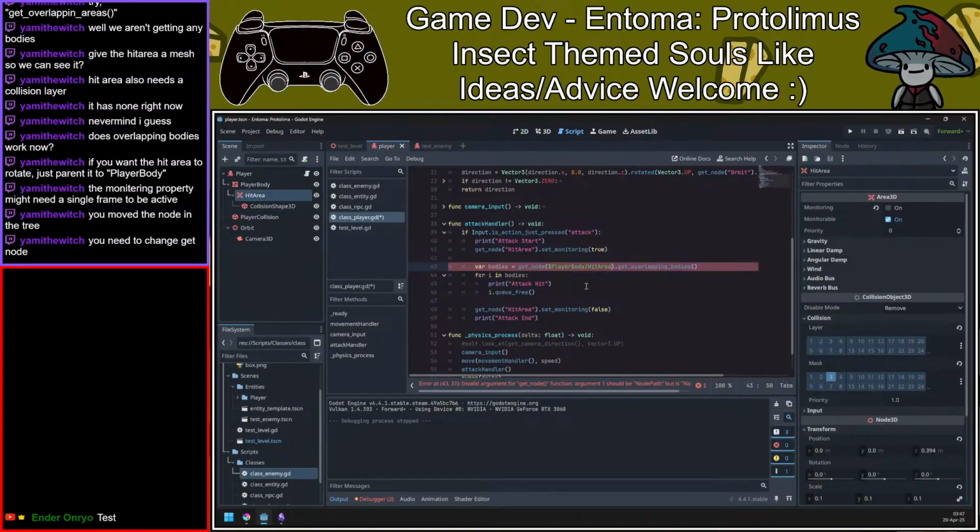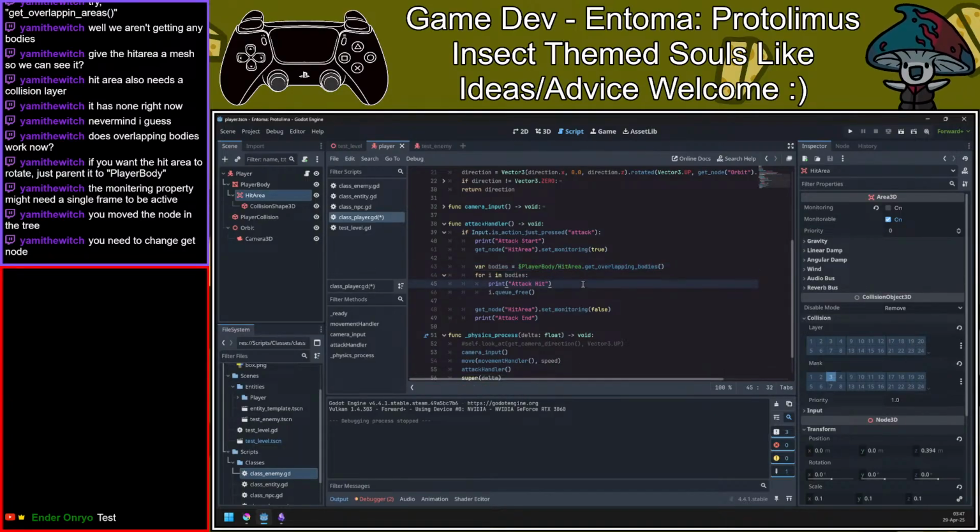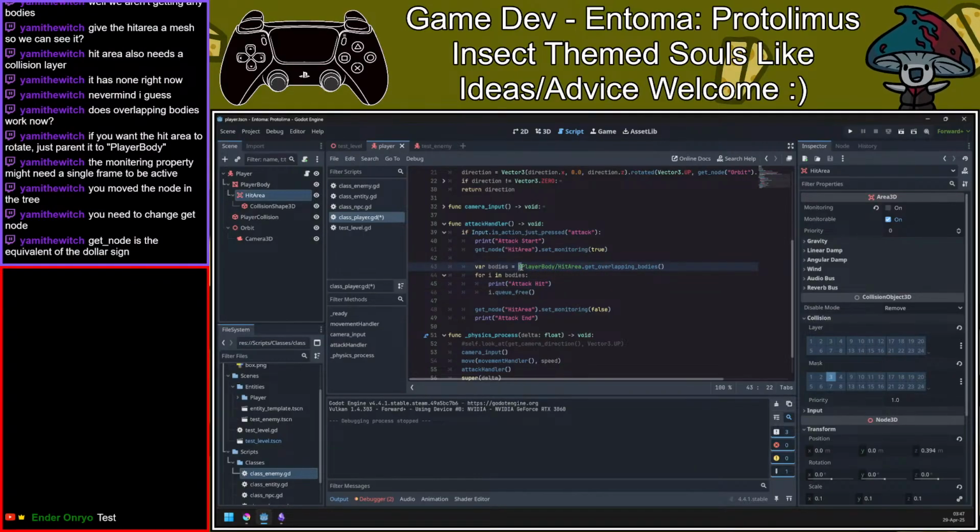Can I just? Can I? Okay, so you can skip the... I think this $ sign is the quick syntax for get node.